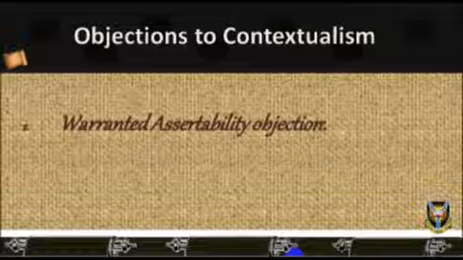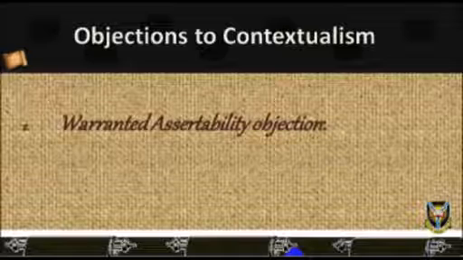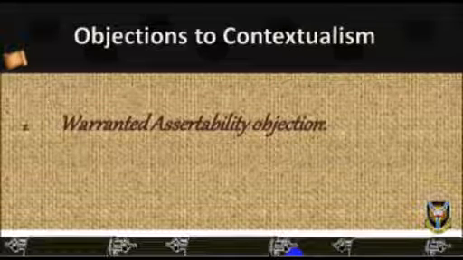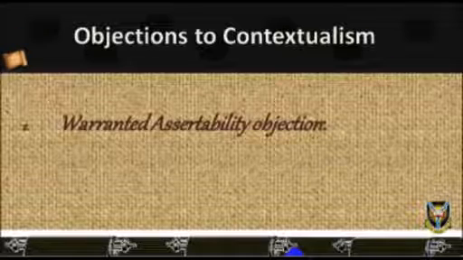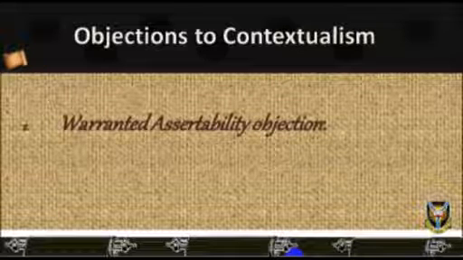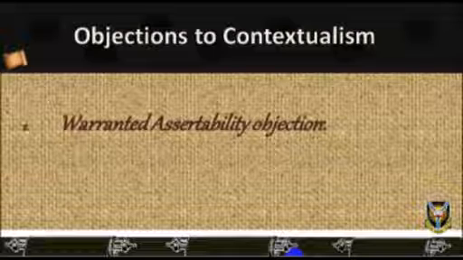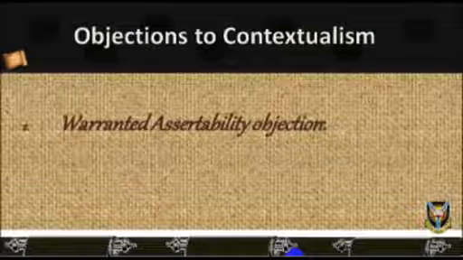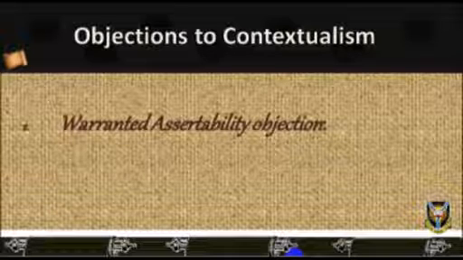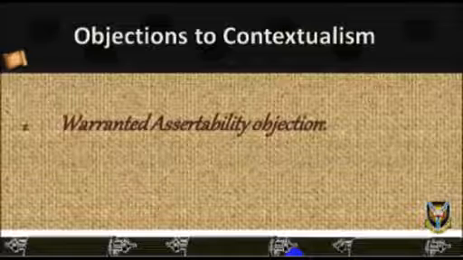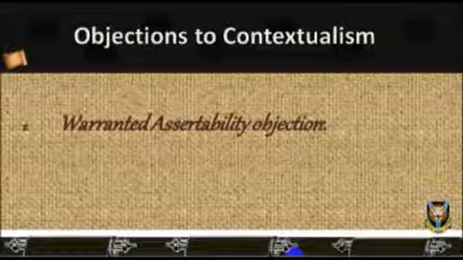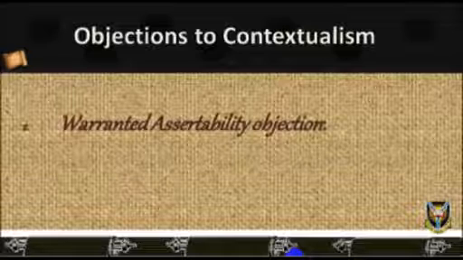The issue dividing invariantists and contextualists is not whether in different conversational contexts, quite different standards govern whether ordinary speakers will say that someone knows something. Of course, what we are happy to call knowledge in some low standards context, we will deny is knowledge in another, that is, a high standards context.